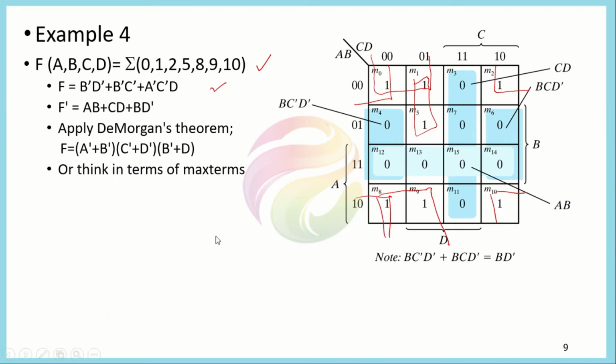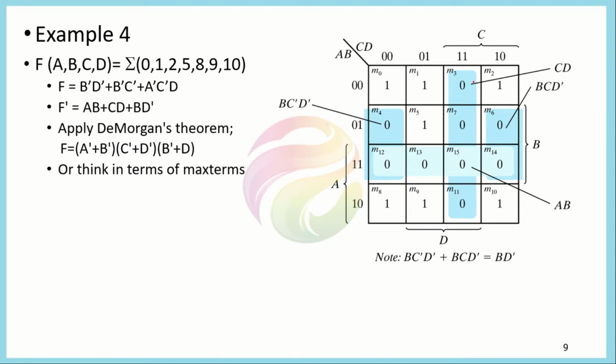Now we want to take the complement process, because in the table we have seen that the terms where the zeros are present, if we combine all those min terms, represent the complement of the function. So instead of the ones, we will look at the zeros present here if we want to calculate the minimized expression for the complement.